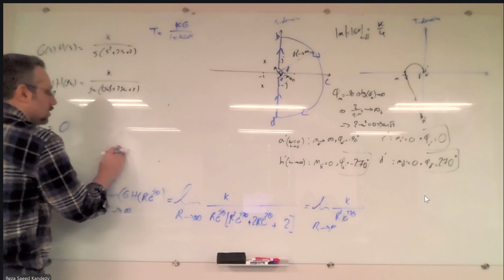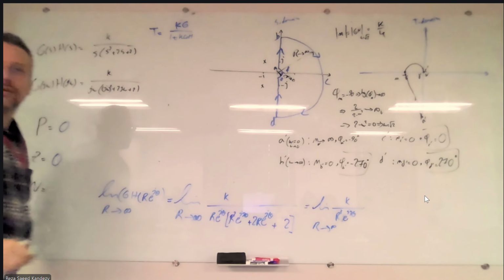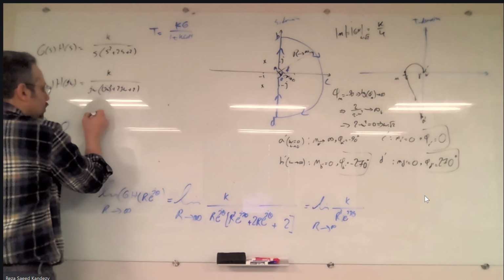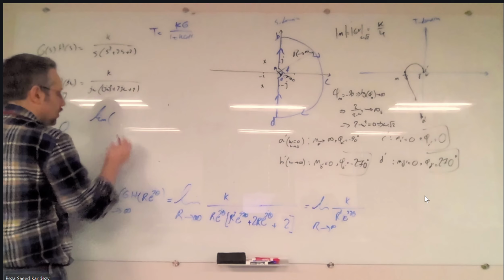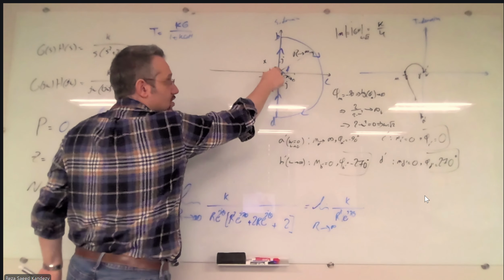Let's go mathematically. For E to F, for that part, we know that again we are going to use the limit of G and H, because this R goes to 0, not actually 0.